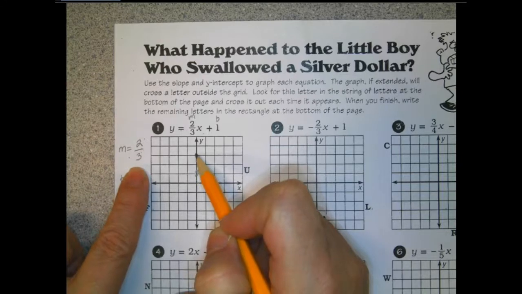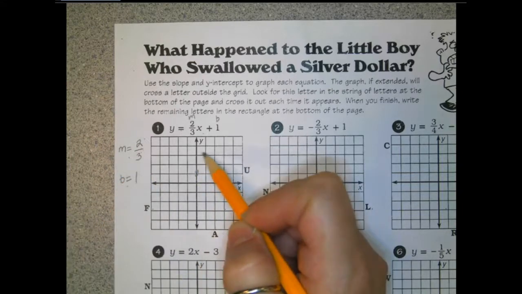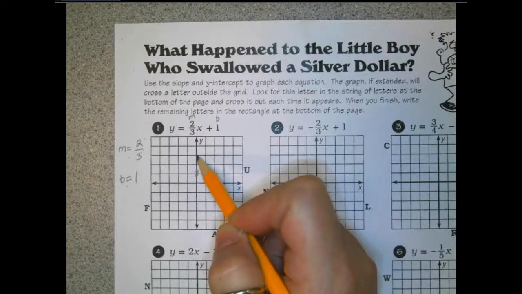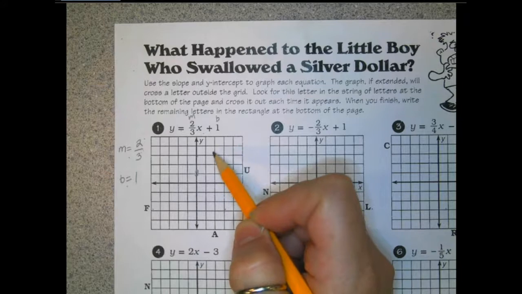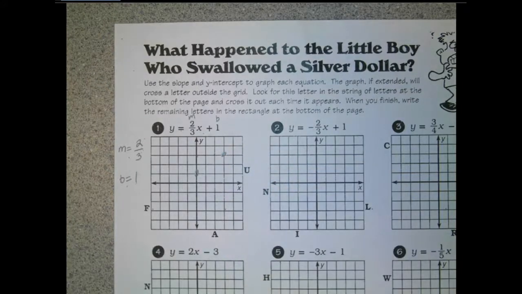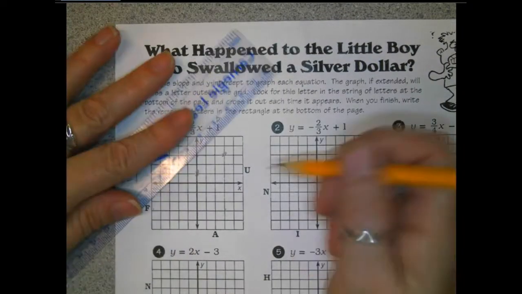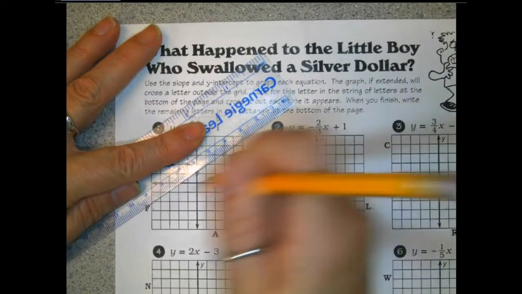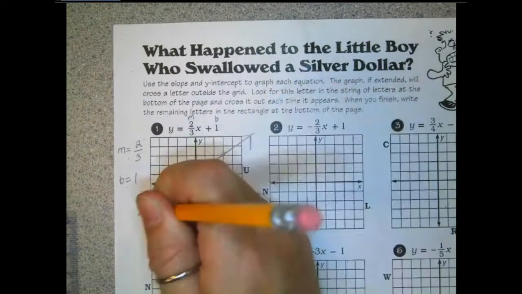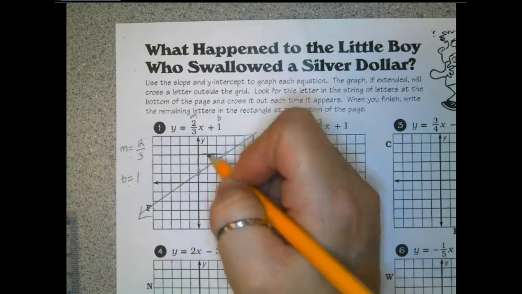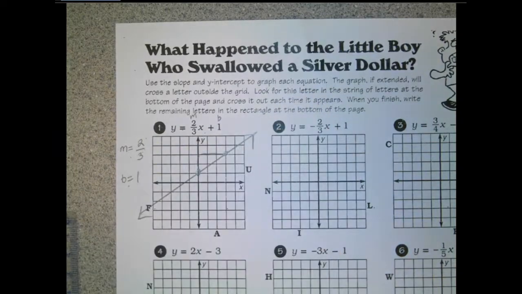So I'm going to run to the right 3 places, not counting where I start. 1, 2, 3. And that gives me my slope. Yesterday you guys completed the triangle, and that was pretty simple, right? So I have this triangle. Up 2, right 3. That's my slope.